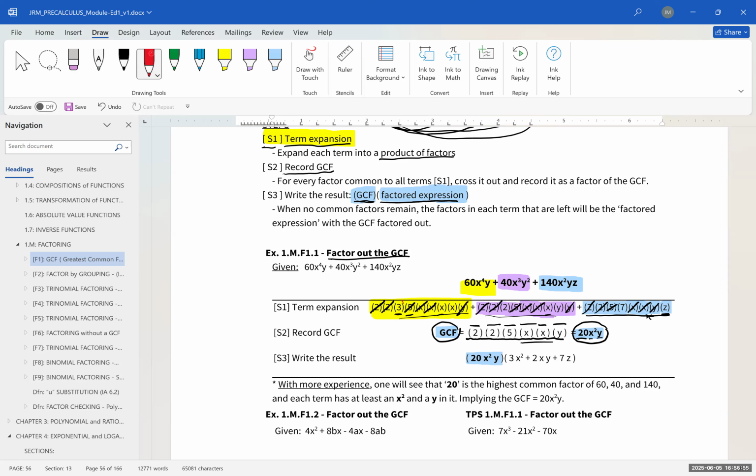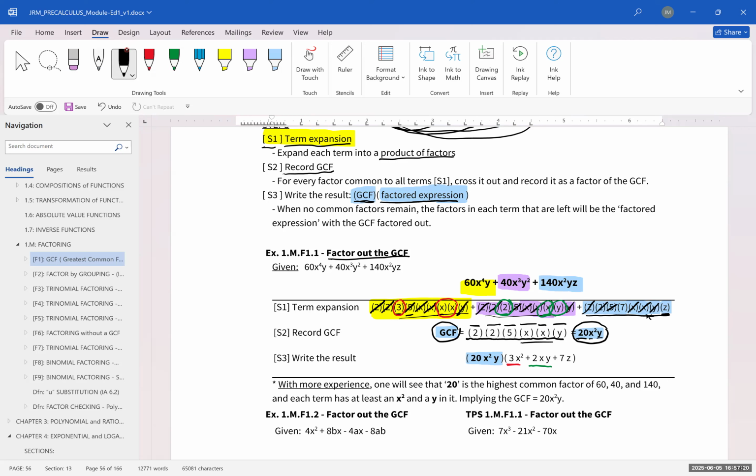You can see here we've got a 3x squared in the first term, so that's where this 3x squared comes from. Then in the second term, what do we have left? We've got a 2, an x, and a y, so that's where 2xy comes from.